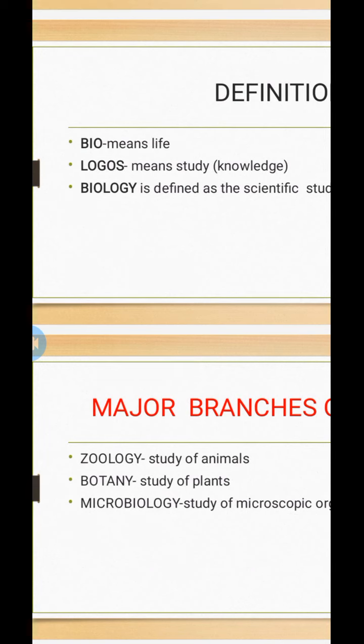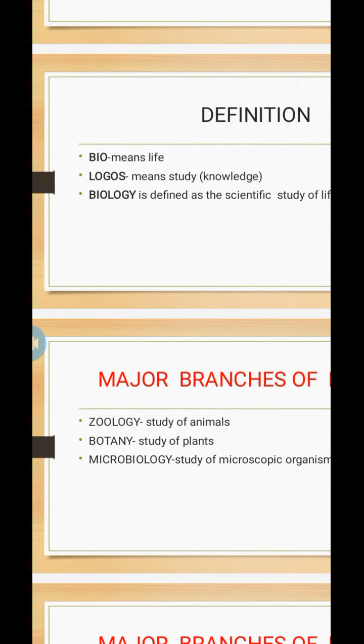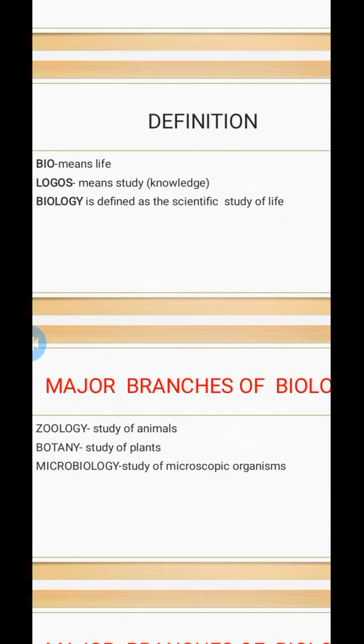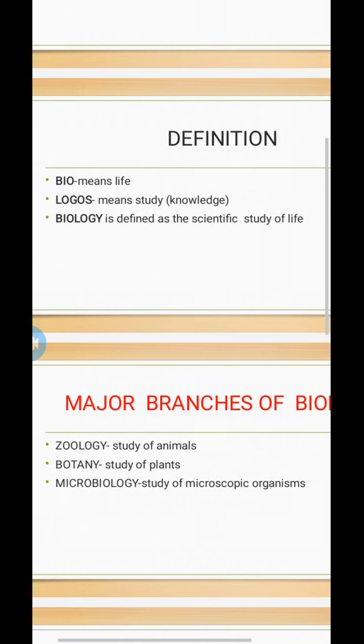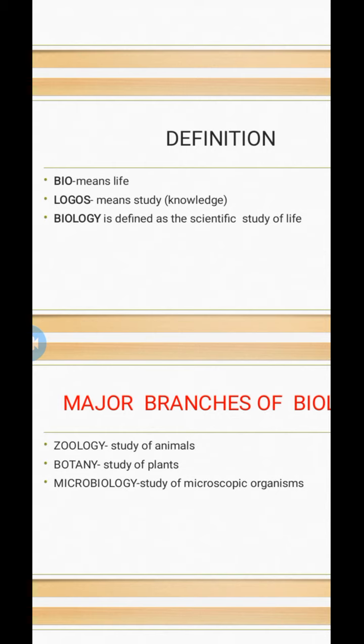So from these two words, we can simply say biology is defined as a scientific study of life. When studying biology, we use scientific methods. So biology is defined as a scientific study of life.